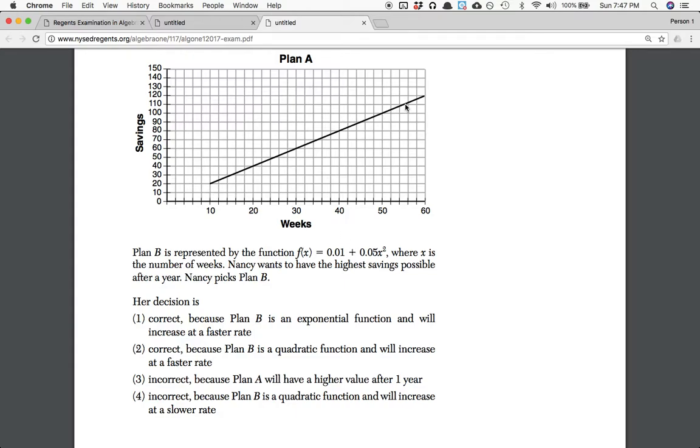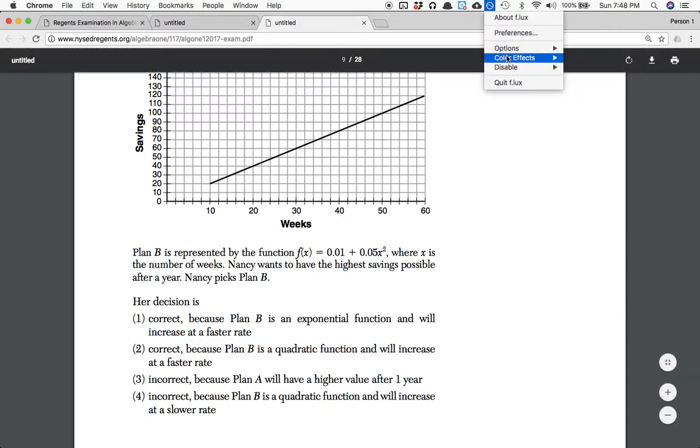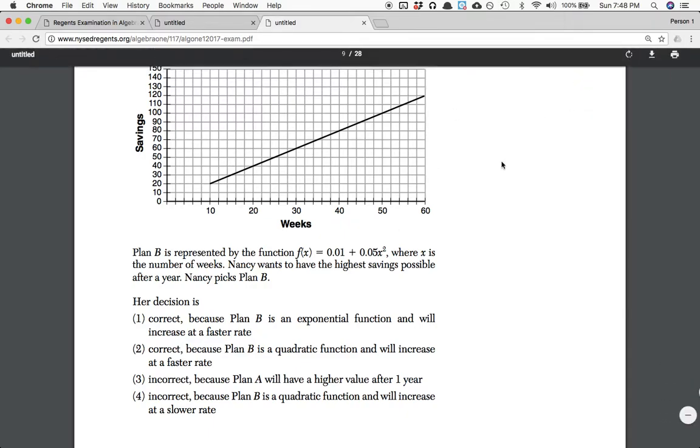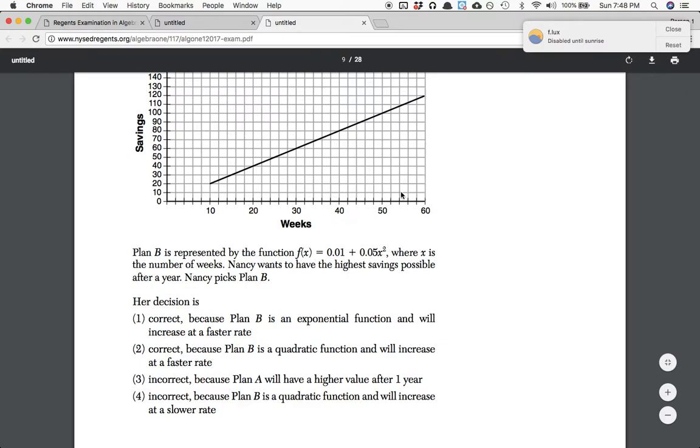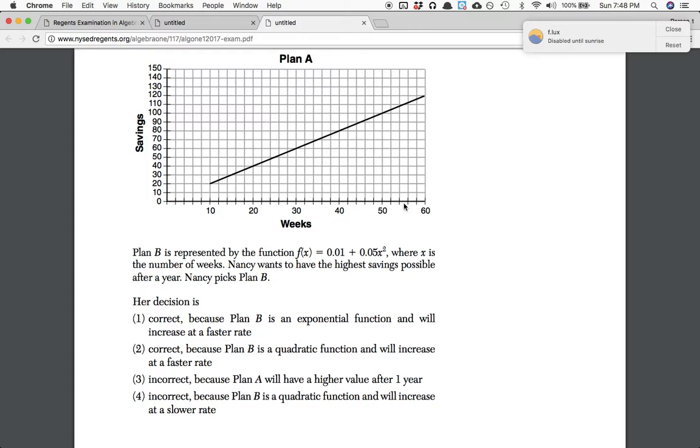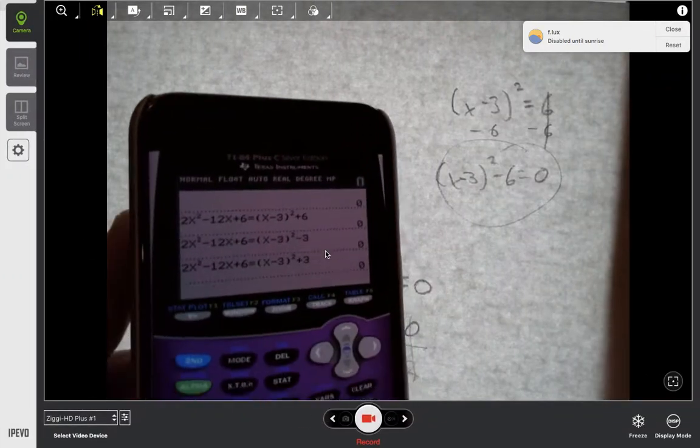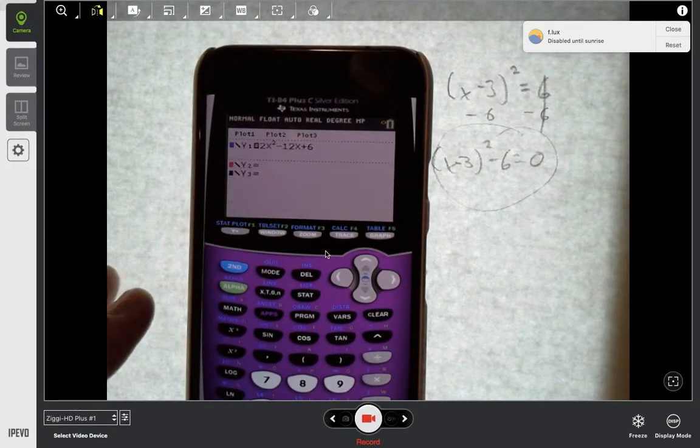I've got a graph for this one. I don't have a graph for that second one yet. So let's make our own graph, or maybe just a table even. We'll go to our calculator, and we're going to plug this function into our y equals.